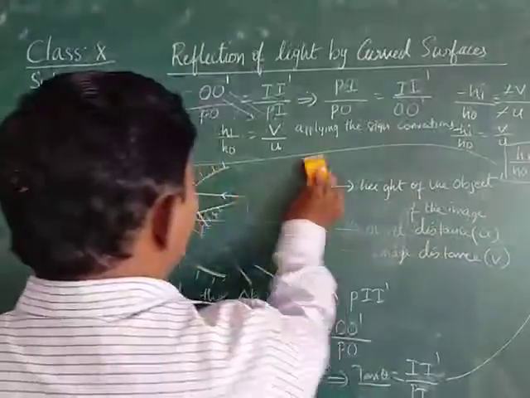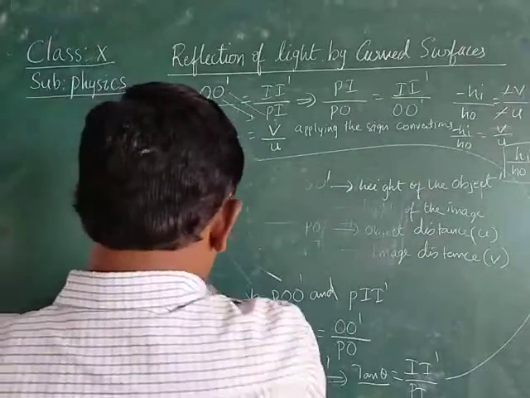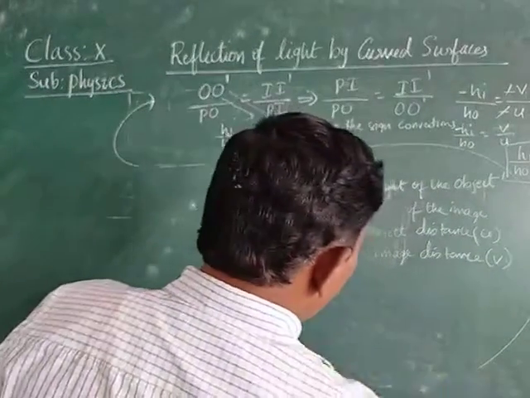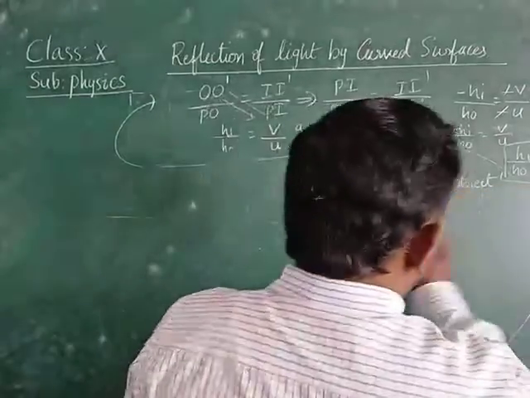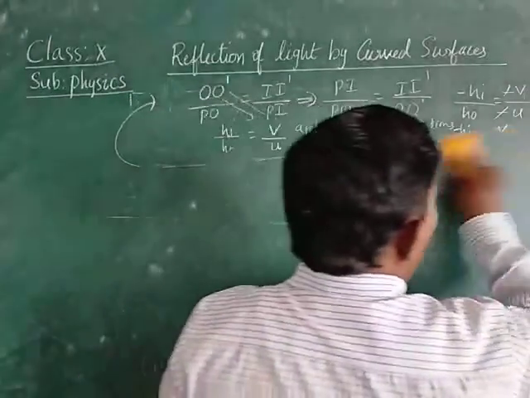Therefore, what is the magnification? HI by HO is equal to minus V by U. You should all remember the magnification formula.